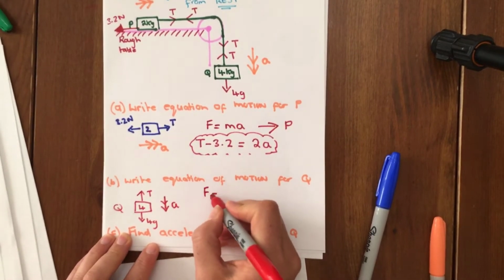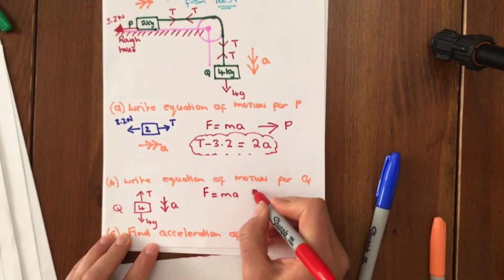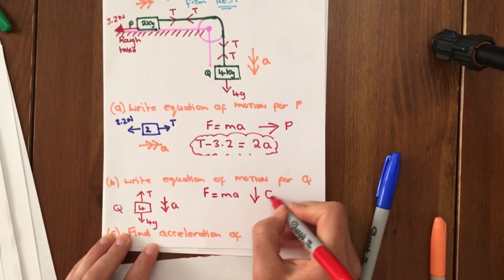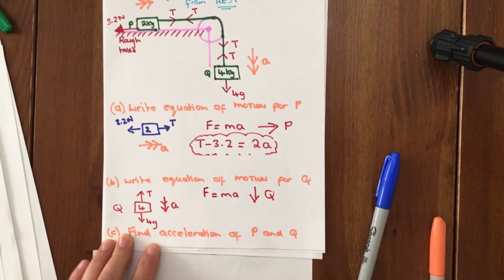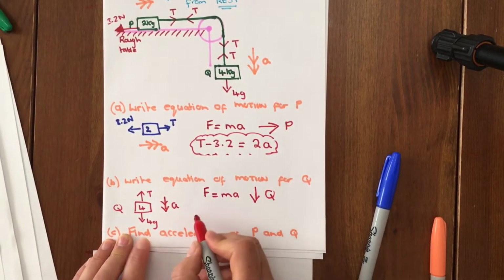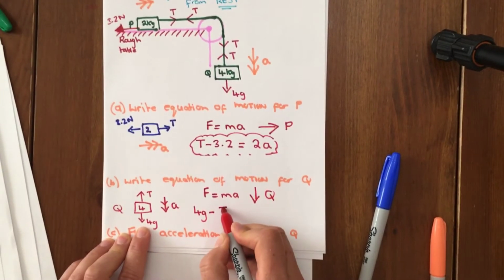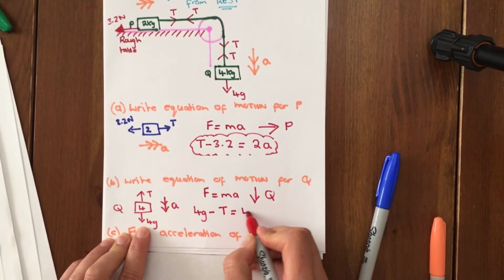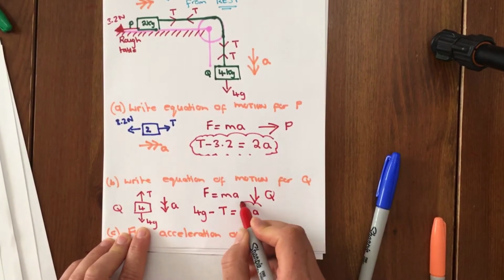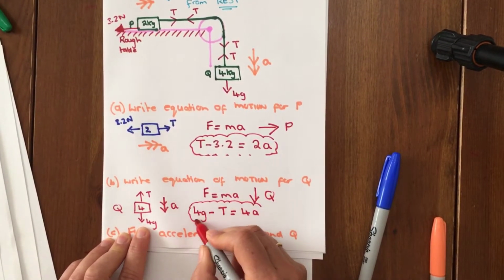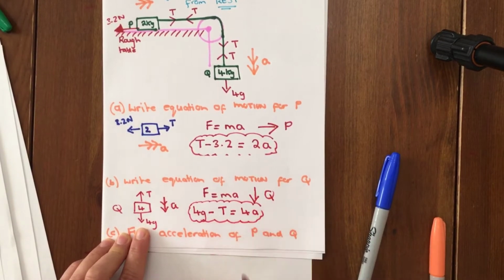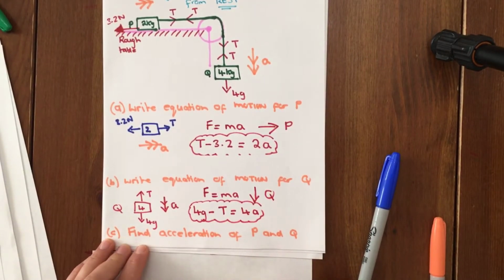So F equals ma, resolving at Q going downwards: 4g, the weight, minus the tension, equals the mass times the acceleration. So here's my equation of motion for Q.